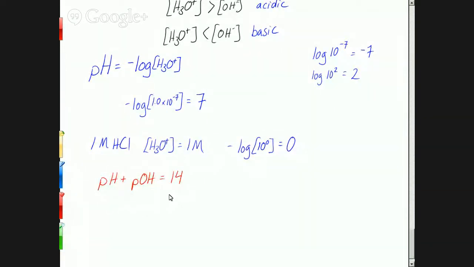So if the pH is 0, as in our previous example for 1 molar HCl, what's the pOH? 14. Another way we could say that is, what's the hydroxide ion concentration in a 1 molar HCl solution? Close. The pOH is 14, so the hydroxide ion concentration is 10 to the minus 14.